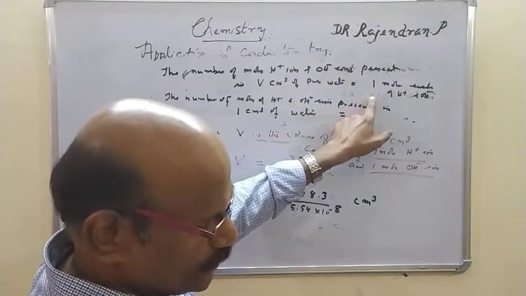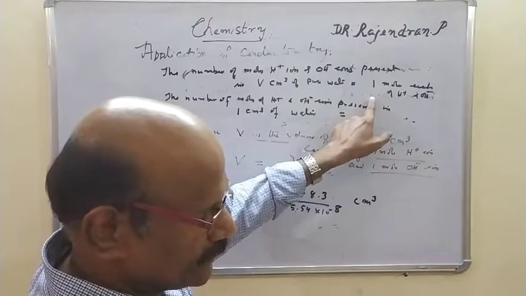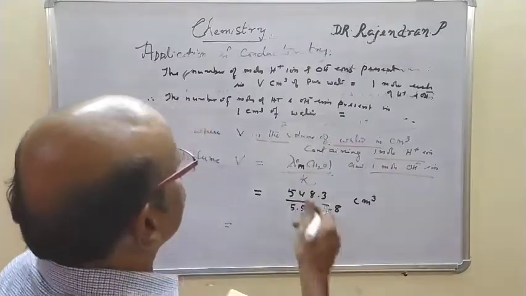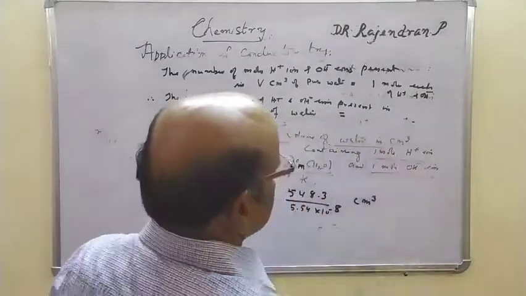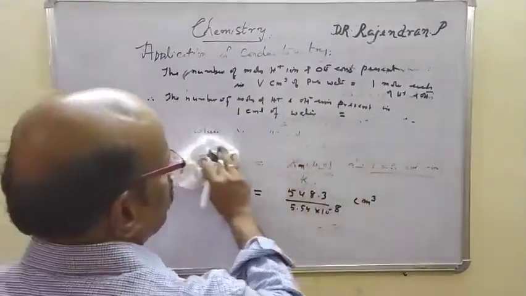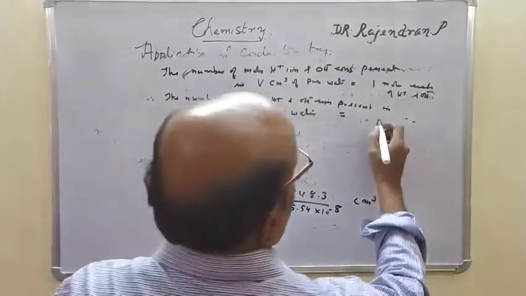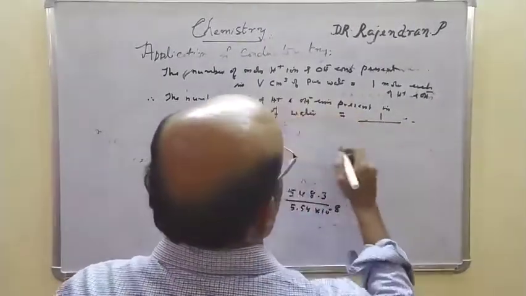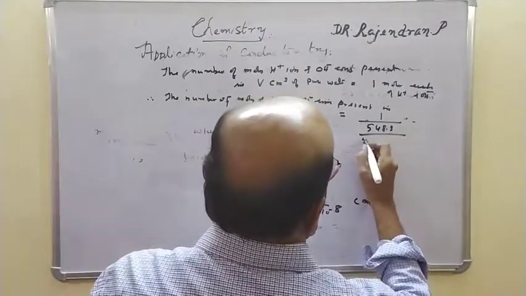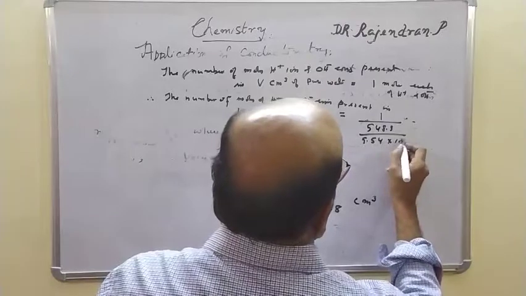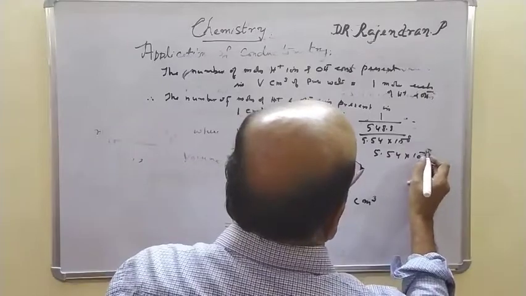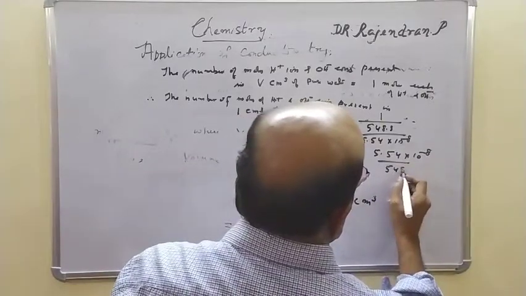Therefore, we have to find the number of moles of H plus ion present in 1 cc of the water, which is 1 divided by V, that is 1 divided by 548.3 divided by 5.54 into 10 raised to minus 8, which is equal to 5.54 into 10 raised to minus 8 divided by 548.3.